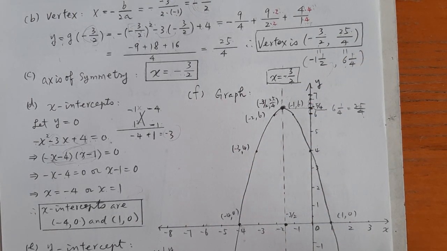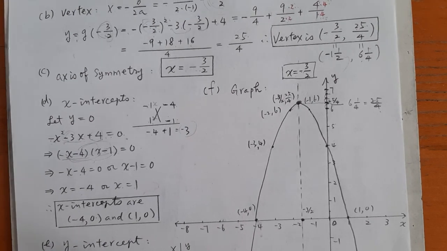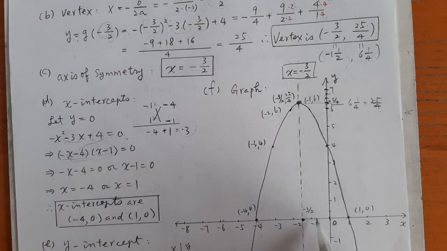Then you figure out the x-intercepts. The x-intercepts are (-4, 0) and (1, 0).